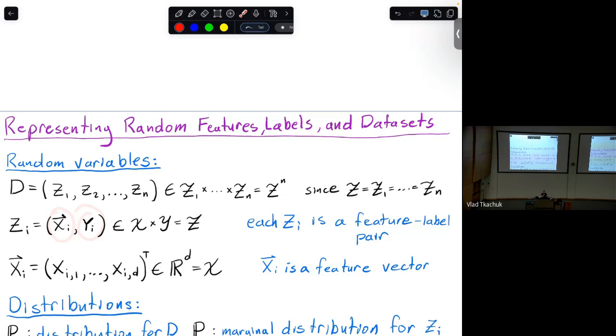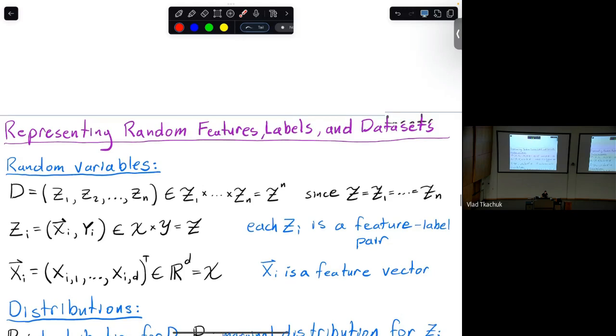And even within there, it's still fine if one of those things is a multivariate random variable, like the feature. You can have multiple features. So you can see there's this depth to the expression. But it should all be fine, because if you unroll the whole thing, you just have this giant tuple, the data set, of a bunch of random quantities. And we're going to talk about its distribution in a second here.